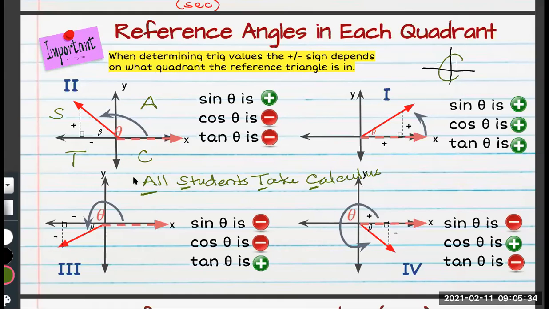So all the trigonometric ratios would be positive. In the second quadrant, only the sine is positive. In the third quadrant, only the tangent is positive. And in the fourth quadrant, only the cosine is positive. All right, so all students take calculus. That's one way to remember it.